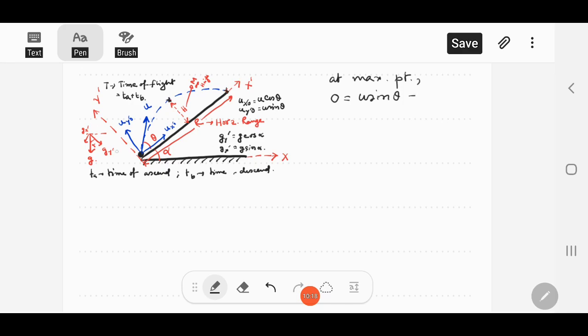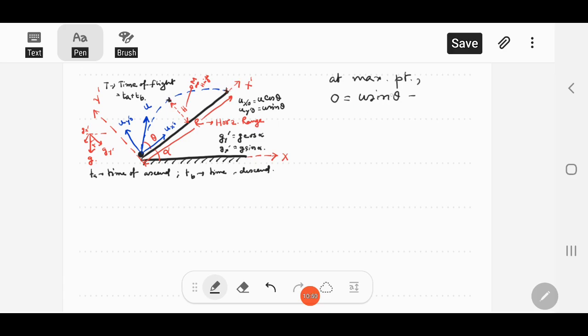minus. Why is it minus? Because we can see that g y dashed, the vertical component of the acceleration due to gravity, is directed downwards, whereas the initial velocity u y dashed 0 is upwards. So this upward velocity will decrease to 0 at the maximum point, then it will start increasing until it reaches the end point.